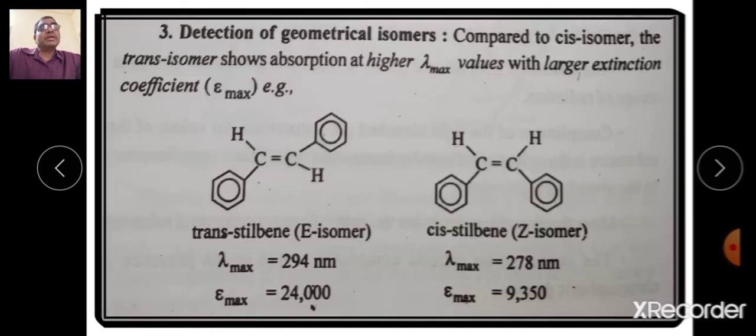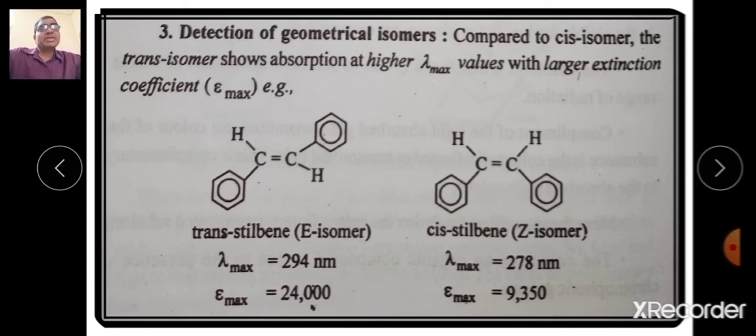Detection of geometrical isomers. Now, we know geometrical isomers differ in the spatial arrangement of atoms. Here the example given is stilbene. The first one is trans stilbene: the hydrogens are opposite, aryl rings are also opposite. Cis stilbene has both on the same side of the double bond. What is the difference?